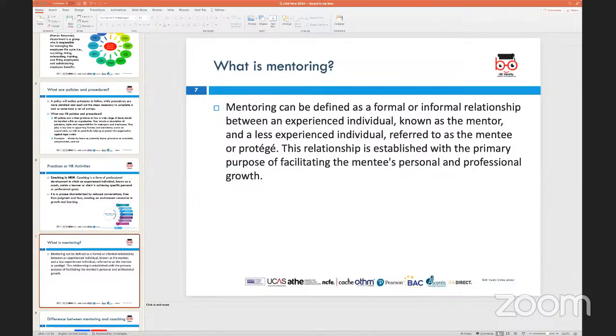So in this case, the relationship between the mentor and the mentee is allowing the mentee to pick up knowledge, skills and guidance informally from the mentor to be able to work in different contexts.